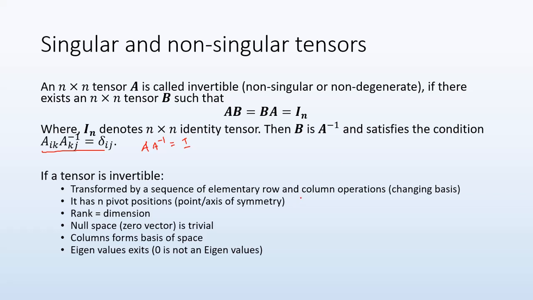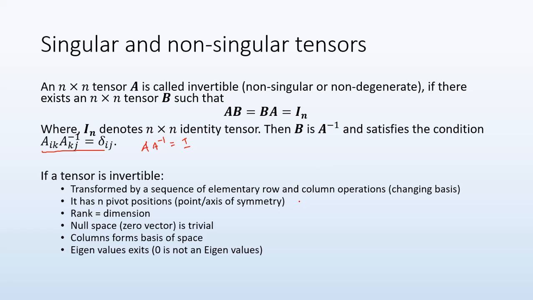Another property is that it will have n pivot positions. In matrix analysis, a pivot position is one particular element about which all the operations are carried out. Hope you know the pivot. We make one element stationary, and about that element we perform row operations and column operations.